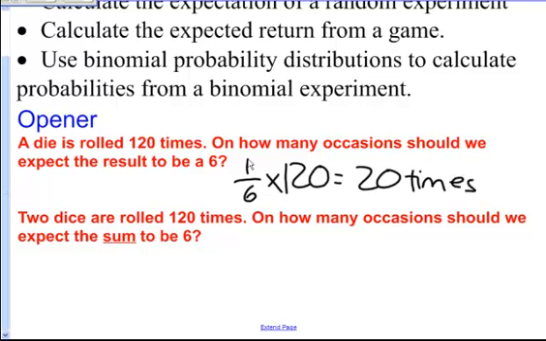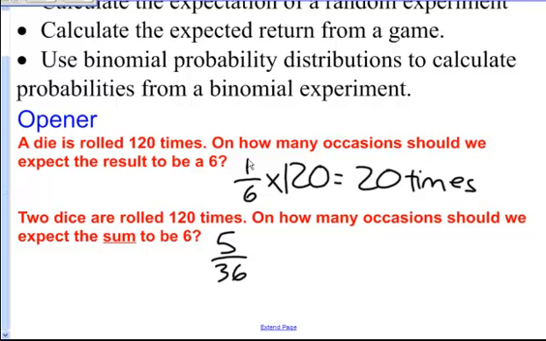Okay? So then if we roll 2 different dice and they're rolled 120 times, how many occurrences should we expect the sum to be 6? Well, there are 5 different ways to get the sum to be 6. All right? And there are 36 different outcomes in rolling 2 different dice.